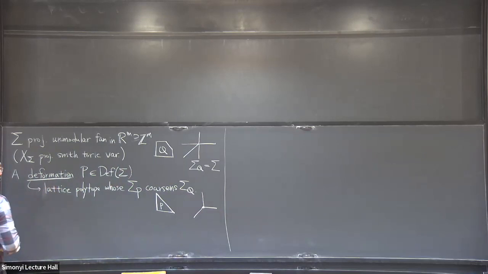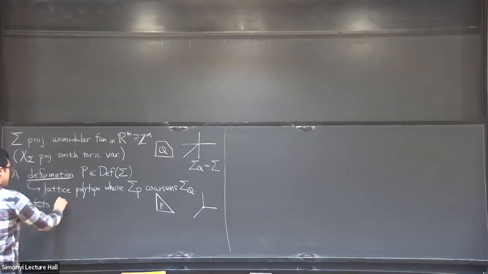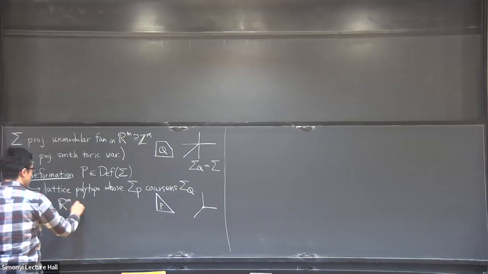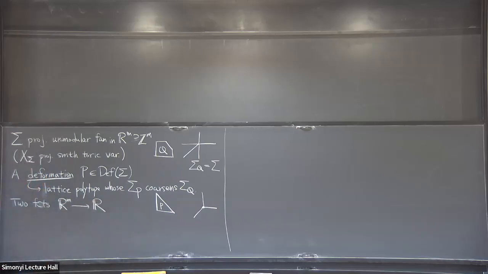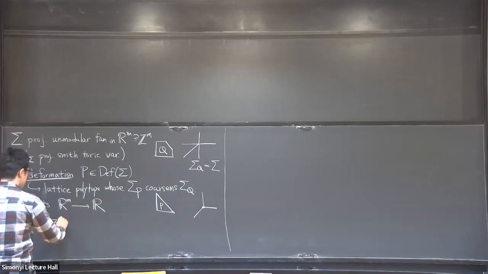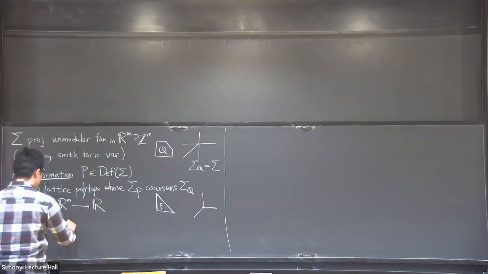Now, given a deformation, we can make two distinguished functions from the ambient space, R^m, say, to R. Here's the first one. Which I'll denote as bracket P. And what is its value at some point Z in the ambient space?